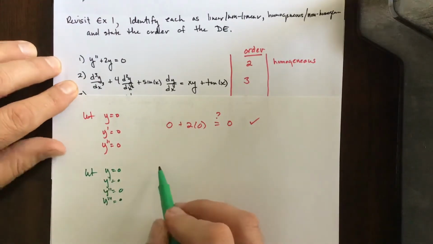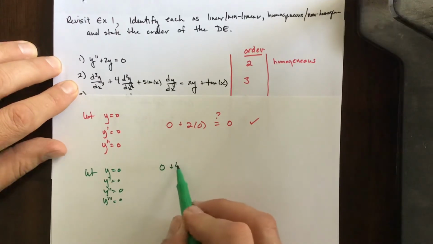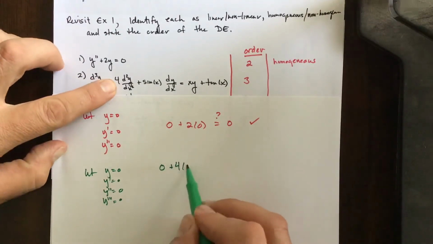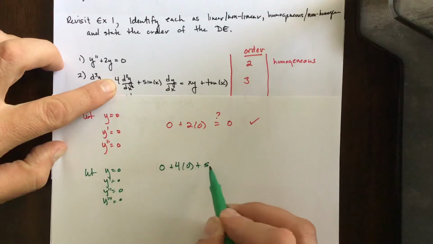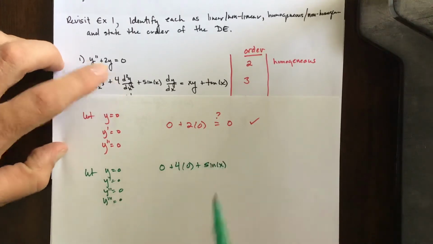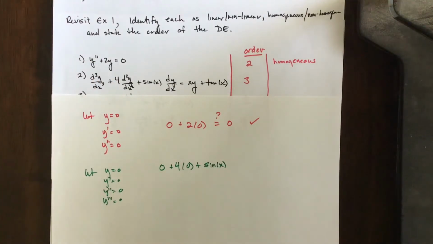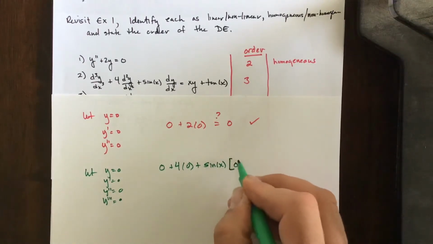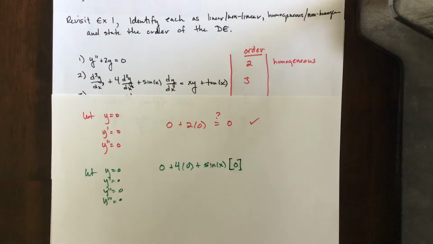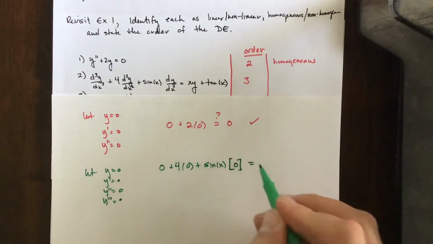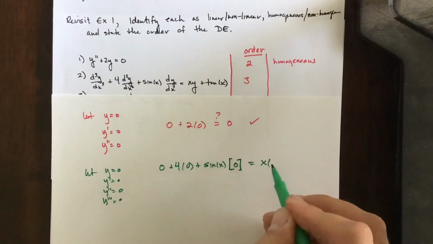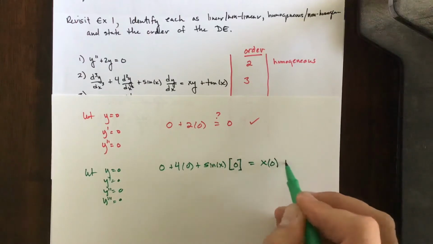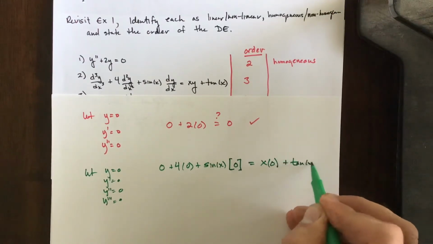We'd get y triple prime, which is 0, plus 4 times y double prime, which is 0, plus the sine of x. Okay, notice that y is 0, not x, times y prime. Well, y prime is 0, so that will product to 0, bummer, equals x times y, well, we said y was 0, plus tan x.